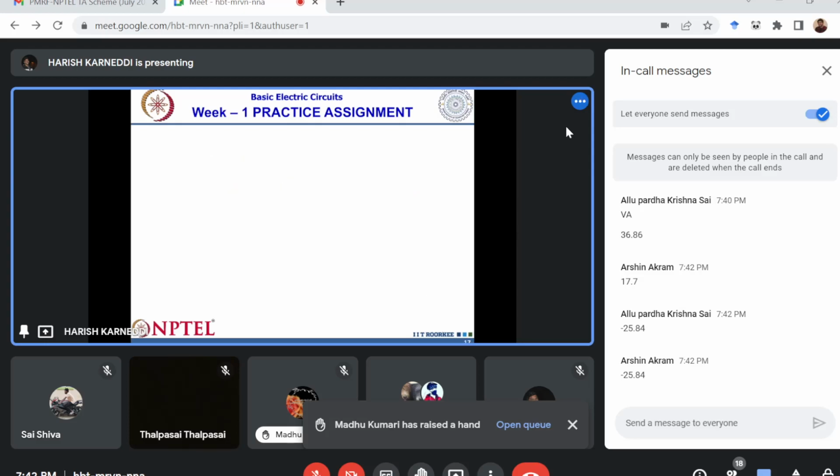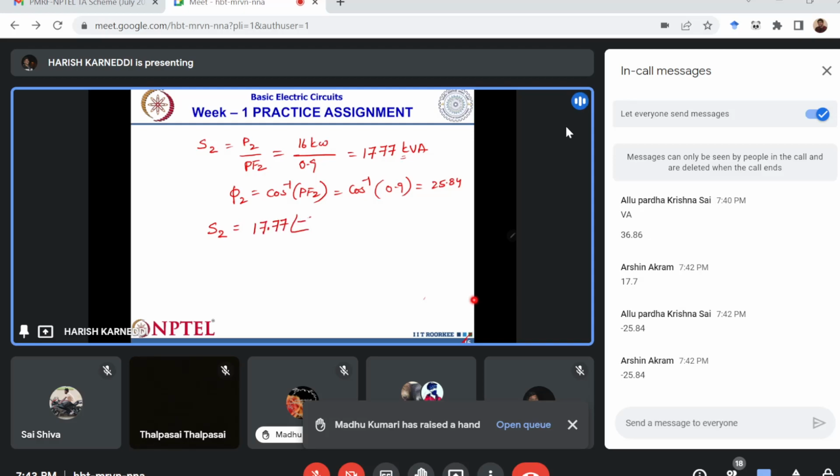It is 25.84 and it is lagging, so minus 25.84. Therefore S2 can be written as 17.77 at an angle of minus 25.84 kVA.